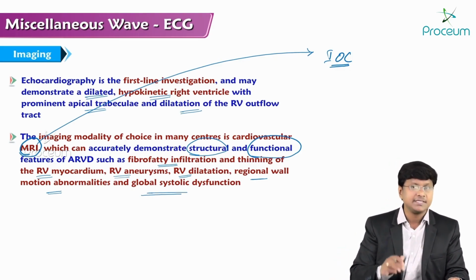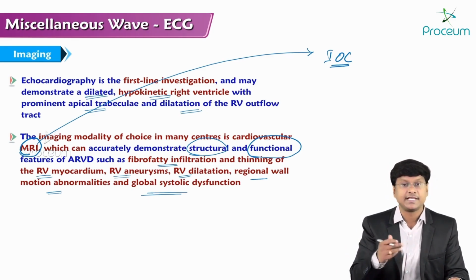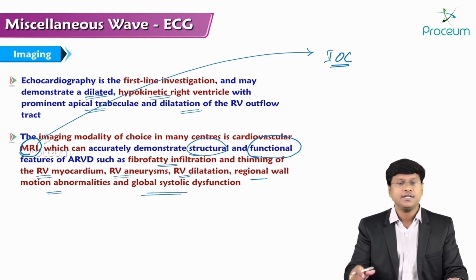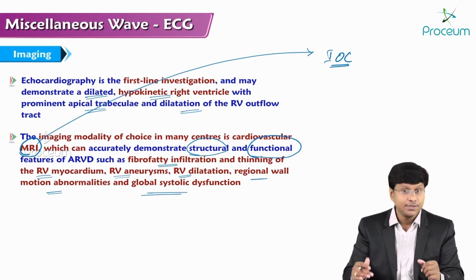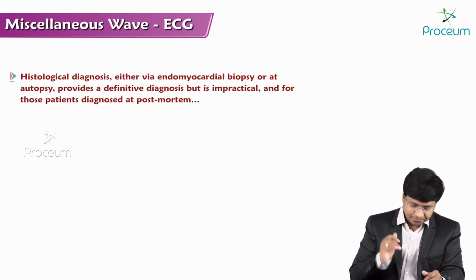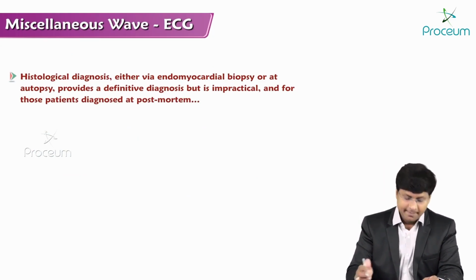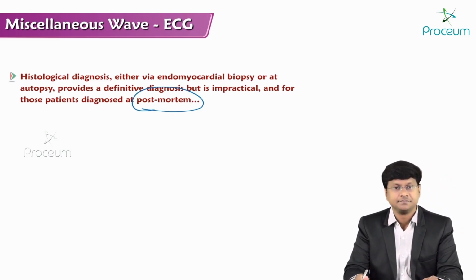And MRI is the investigation of choice. It will show you the structural changes, and it can also give you the picture of the functional features of the myocardium related to arrhythmogenic right ventricular dysplasia. Now, you take the histological diagnosis. The histological diagnosis can also confirm the diagnosis, but this can be diagnosed at post-mortem.